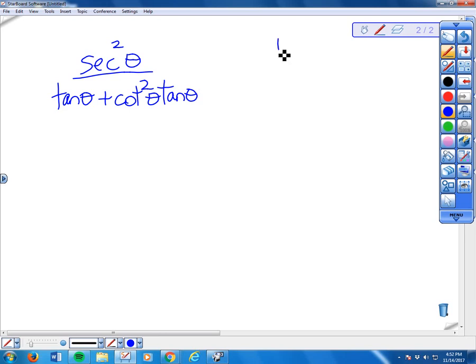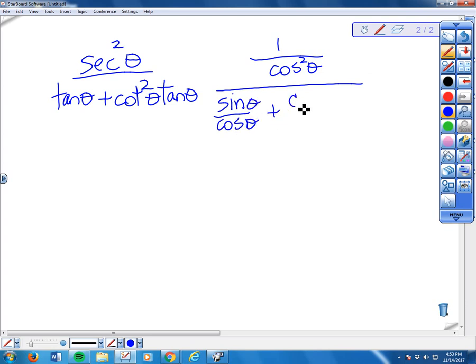So I have 1 over cosine squared in the numerator. In the denominator, I'll just go ahead and do sine over cosine plus cosine squared over sine squared, that's cotangent, times sine over cosine.